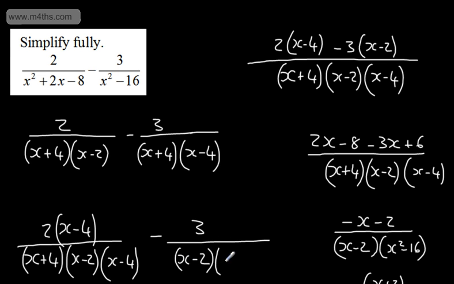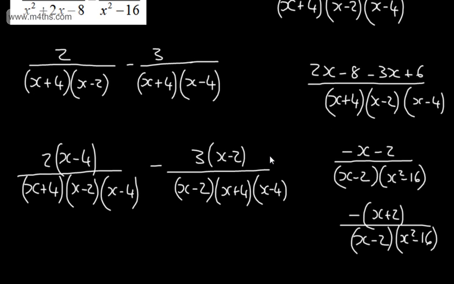We're going to have the x plus 4, and as stated, it doesn't matter which order these are in, so we can write these like so, and we need to now multiply the numerator by the x minus 2 as we multiplied the denominator by the x minus 2. So again, a very tough example there, but hopefully that gives you some idea.